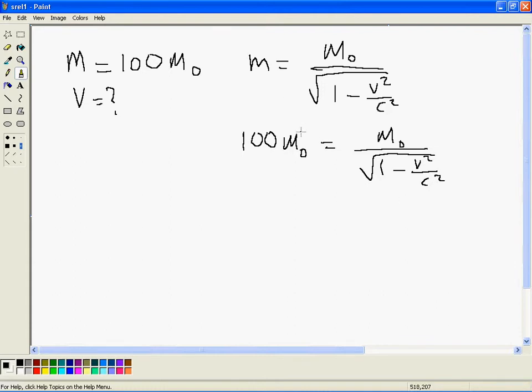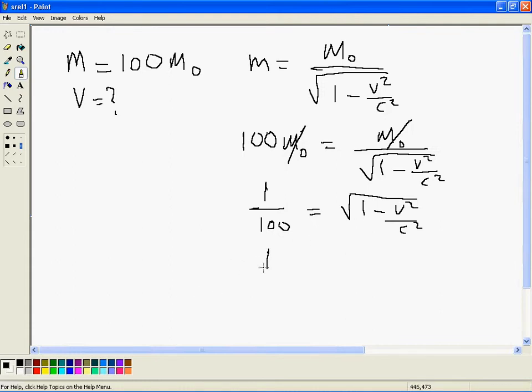And now, of course, you see we can cancel out the m naughts. And we're still looking for v. So at this point, let's reciprocate: 1 over 100, and over here, 1 minus v squared over c squared. And now let's square both sides.